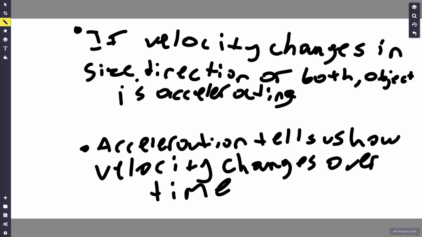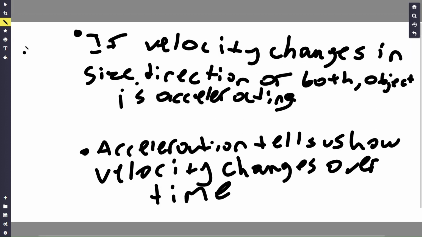So just to recap the summary: velocity tells us how fast something is moving and in what direction. Acceleration tells us how velocity changes over time. If velocity changes in magnitude, direction, or both, the object is accelerating.